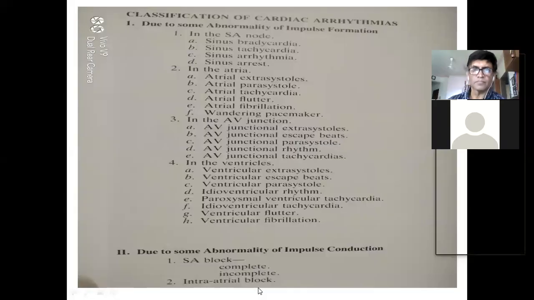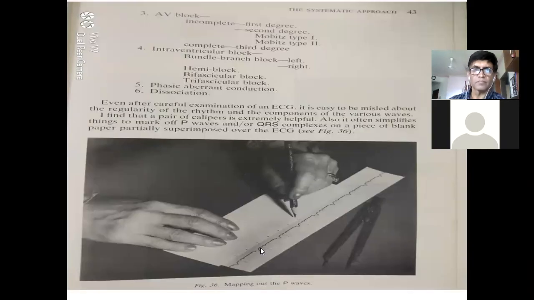So I will go to the ECGs. Can you see a paper here with a pencil? Is it clear? Yes, sir. What is the person doing? He's marking some points. Can you take it close and see it on your mobile?